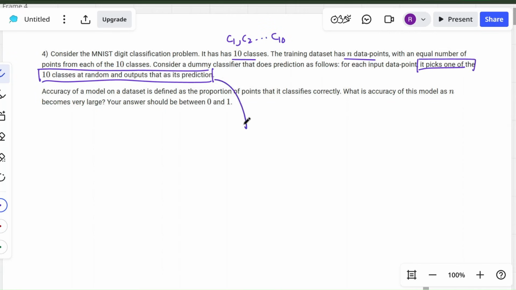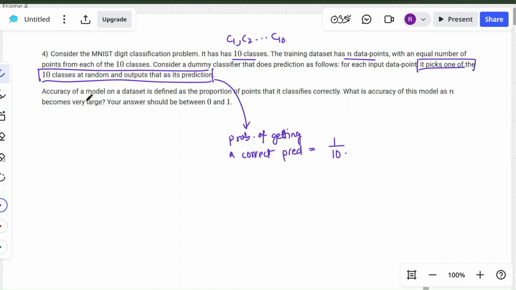What does this say about this prediction? This says that the probability of getting a correct prediction is equal to 1 out of 10, right? Because for each data point, one class will be the true class and the others are all false. So the probability of getting a correct prediction is 1 by 10.